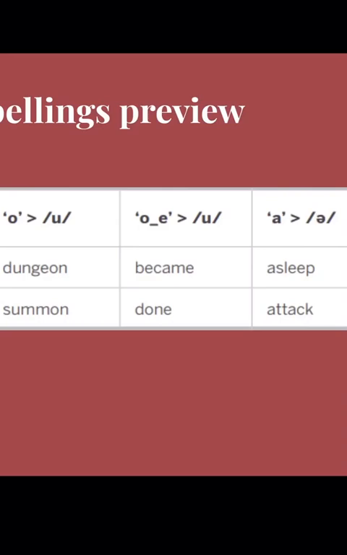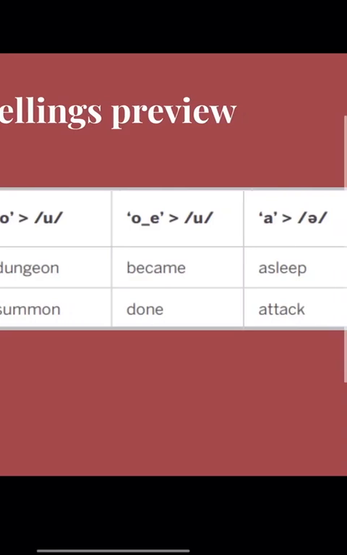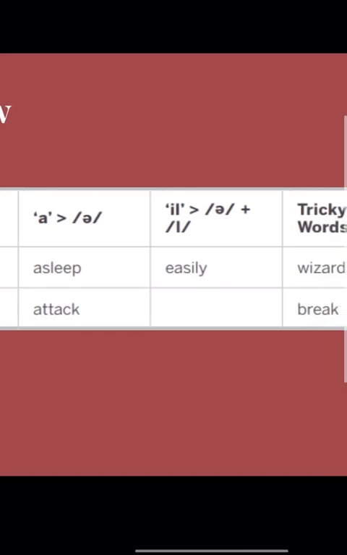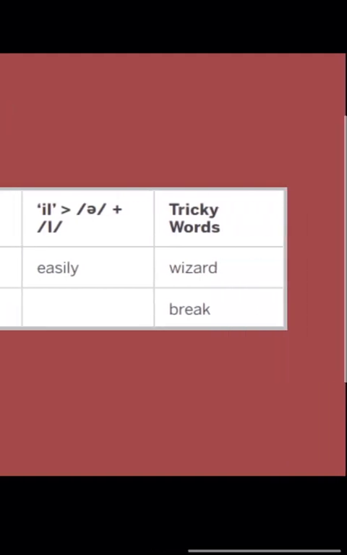We have that O and E making the sound. Okay, next column, we have that A making the schwa sound, which is sleep, attack. That first A in each of those words is being really lazy, making that sound. Okay, and then we have IL making the sound, easily.